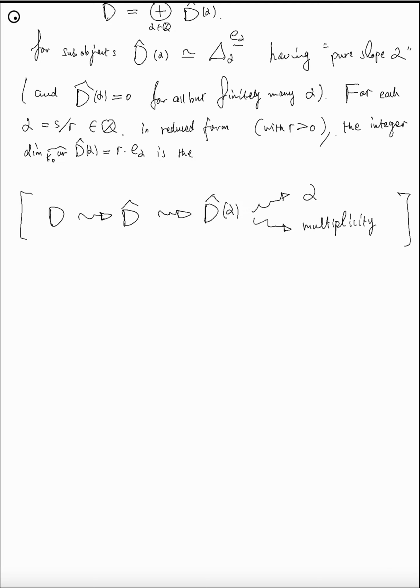This is the number, with multiplicity, of eigenvalues of phi D with slope alpha.